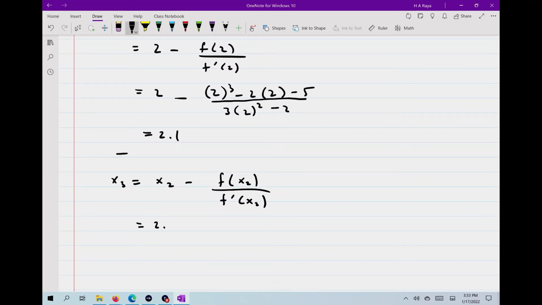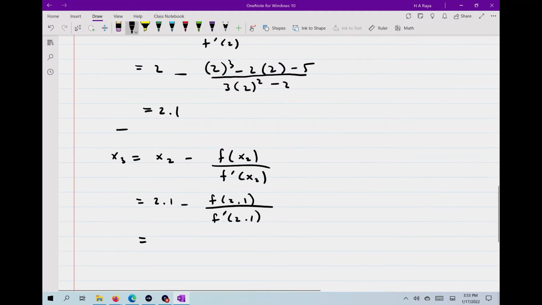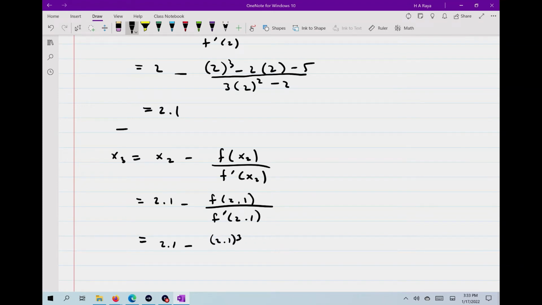So this would be 2.1 minus f at 2.1 divided by f prime at 2.1, which can be computed as 2.1 minus 2.1 cubed minus 2 times 2.1 minus 5, all divided by f prime at 2.1, so 3 times 2.1 squared minus 2.